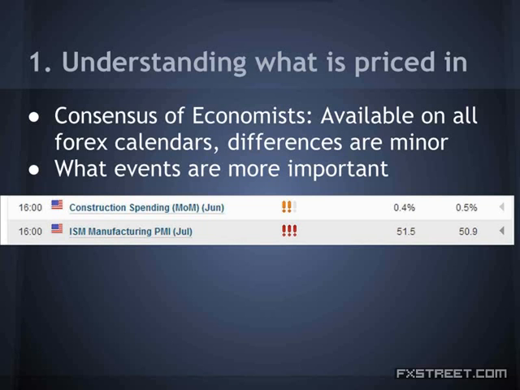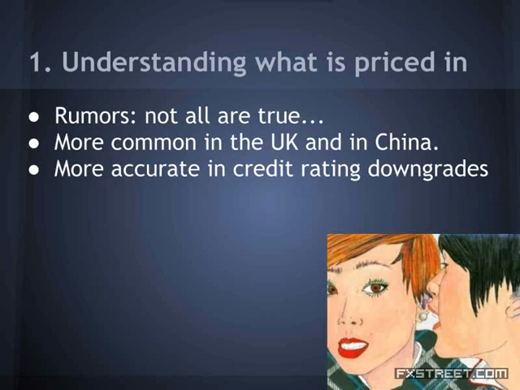Now, it's not only the consensus, and if the figure is above the consensus or under the consensus, sometimes we have rumors. People whisper, and these rumors go through trading rooms. Sometimes they become public on the web, but it's not always the case.